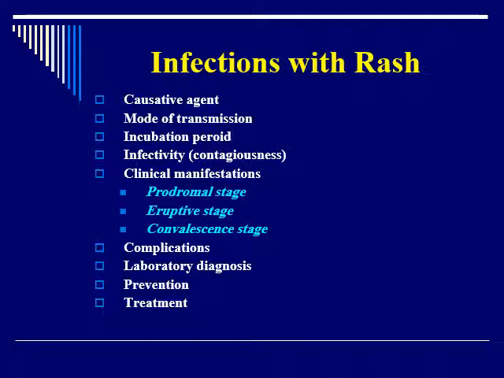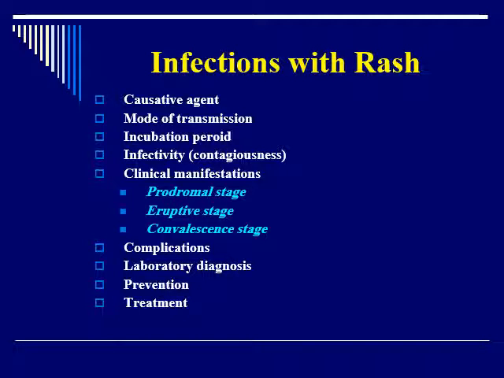Infections with rash will be discussed under the following headings. Number 1, epidemiologic aspects, including causative agent, mode of transmission, incubation period, and the infectivity period or period of contagiousness.